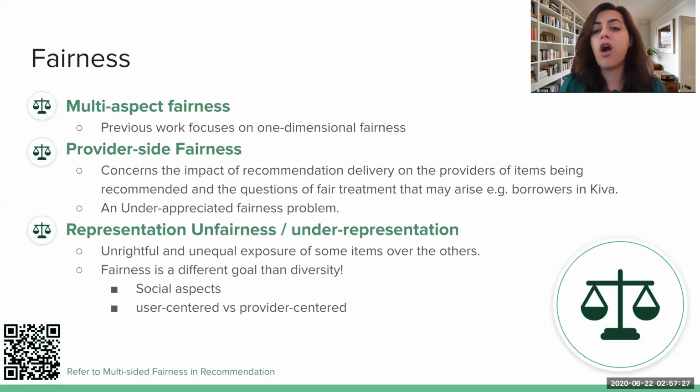Thirdly, we refer to the unrightful and unequal exposure of some groups over others as unfairness, and we refer to it as underrepresentation. Although diversity-seeking methods might also want to increase exposure, fairness and diversity are different goals. When we have a fairness goal, we care about the social aspects of recommendations.